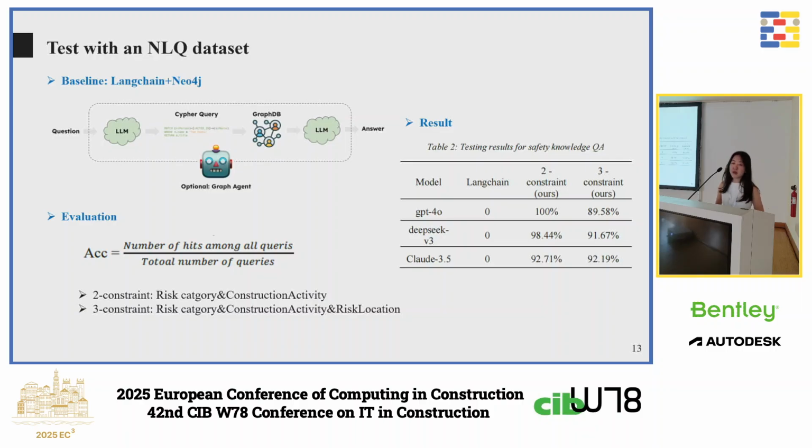We compare our method with a popular LangChain solution integrated with Neo4j, which also transforms text to a structured query language, and we use accuracy to measure system performance. As shown in the table, the LangChain solution failed with all 3 language models due to inaccurate mapping from the user query to the ontology, while our method achieved high performance in both 2 settings across 3 models.